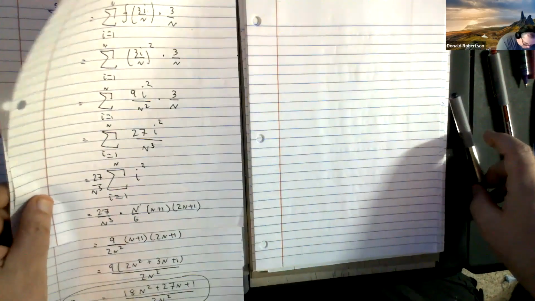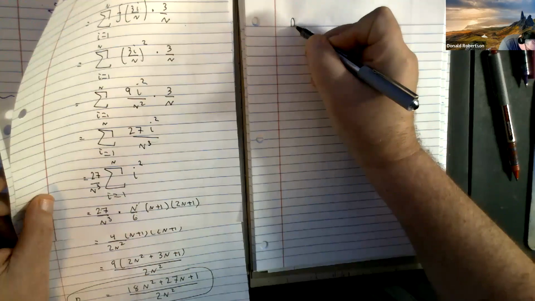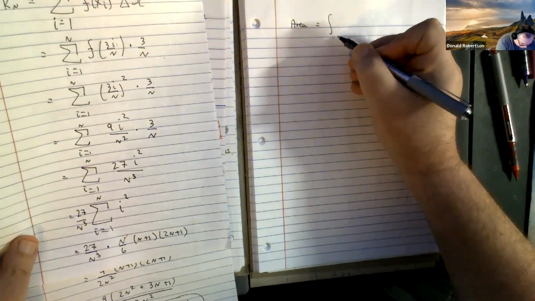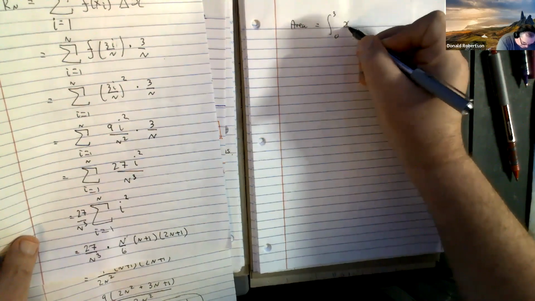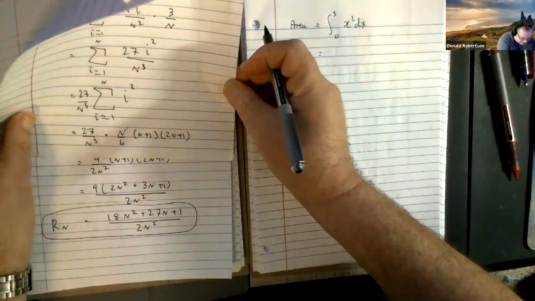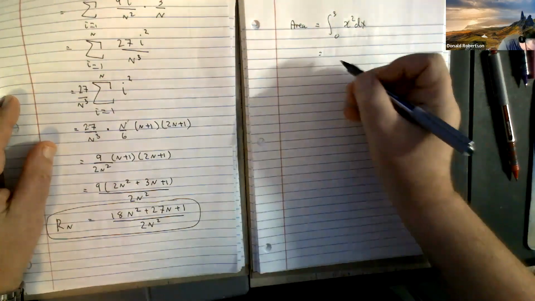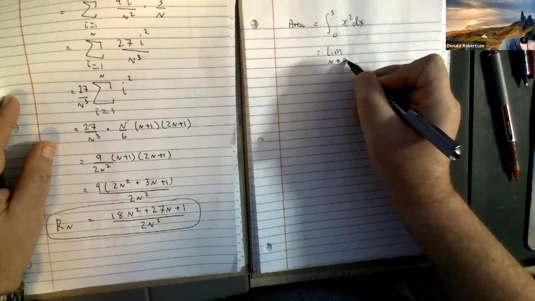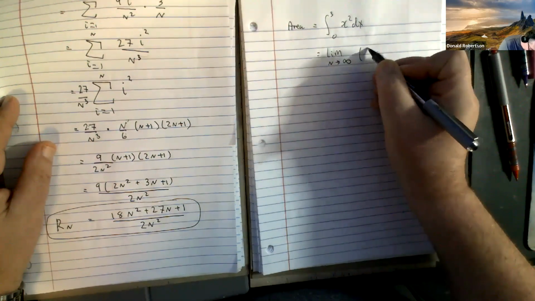But since I want to get the exact area under the curve, the exact area, which in our case is the integral from 0 to 3 of x squared dx, I don't want 5 strips or 10 strips. I want to find what the answer would be if I used an infinite number of strips.